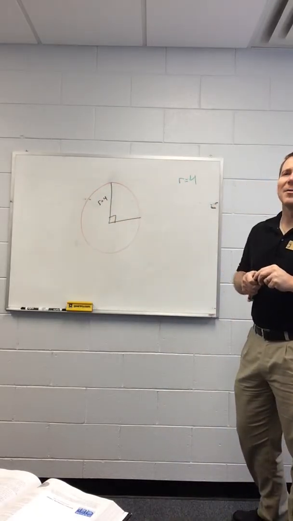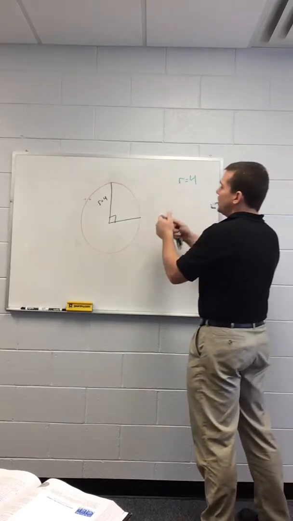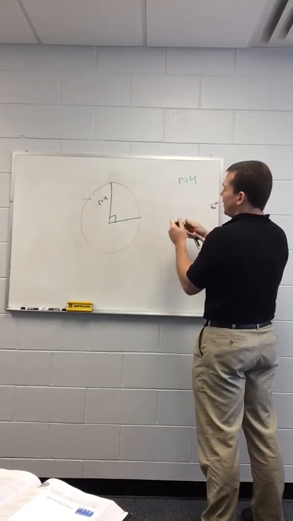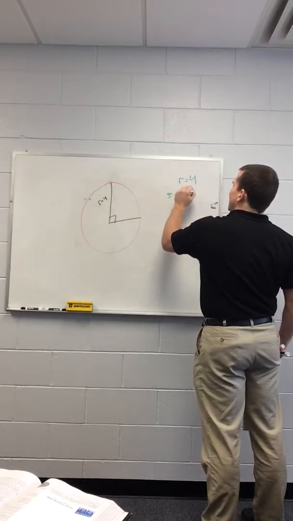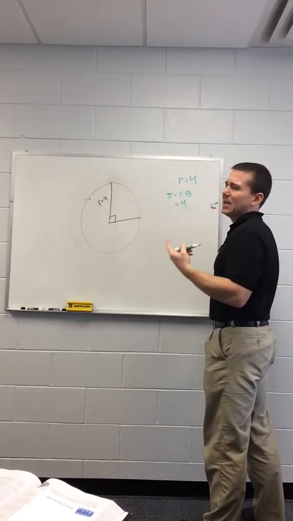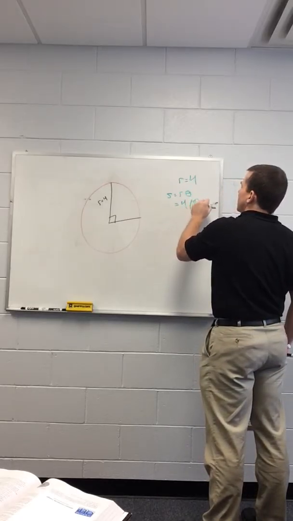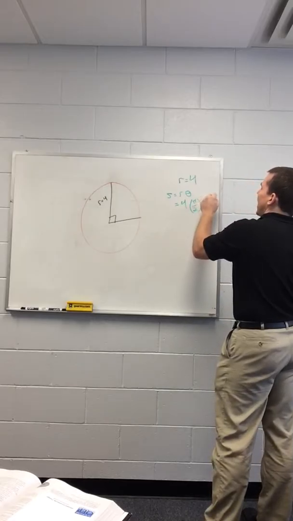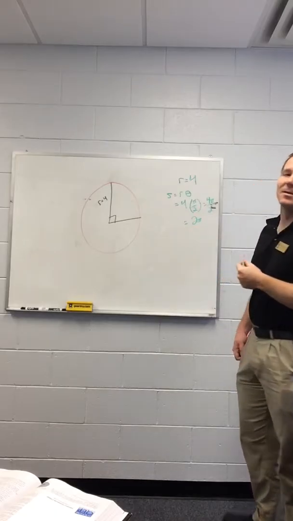So then what do I care about? Arc length and area of the sector? Well, for the original circle right here, what's the arc length? S equals r theta. So let's see, r is 4, theta 90 degrees. We have to do that in radians, which is pi over 2. That's 4 pi over 2, which is just 2 pi.